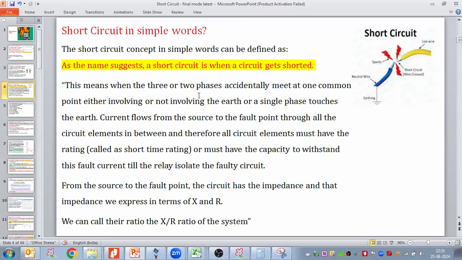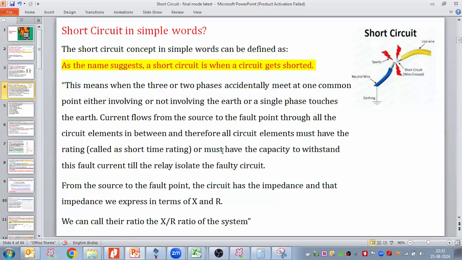Here I discussed that when the fault occurs, current flows from the source to the fault point through all the circuit elements in between, and therefore all the circuit elements between the source and the fault point must have adequate short time rating, or adequate capacity to withstand this fault current till the relay isolates the faulty circuit.